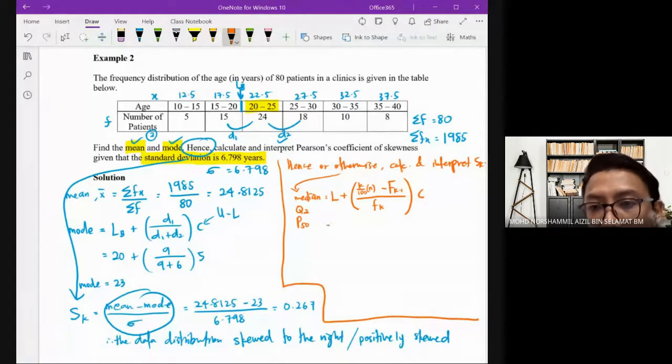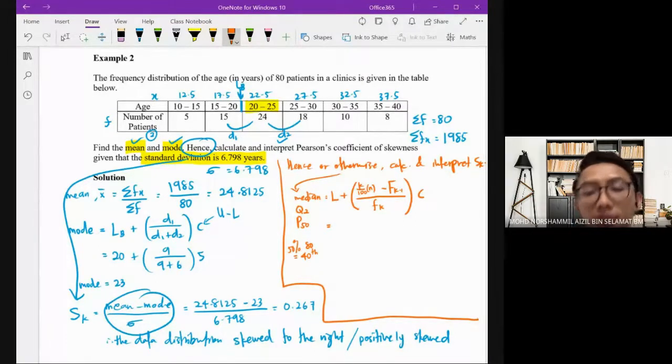Okay, recall this is the formula. So which data do we want? 50% of our data. Our data is 80. So what do you get? The 40th data.